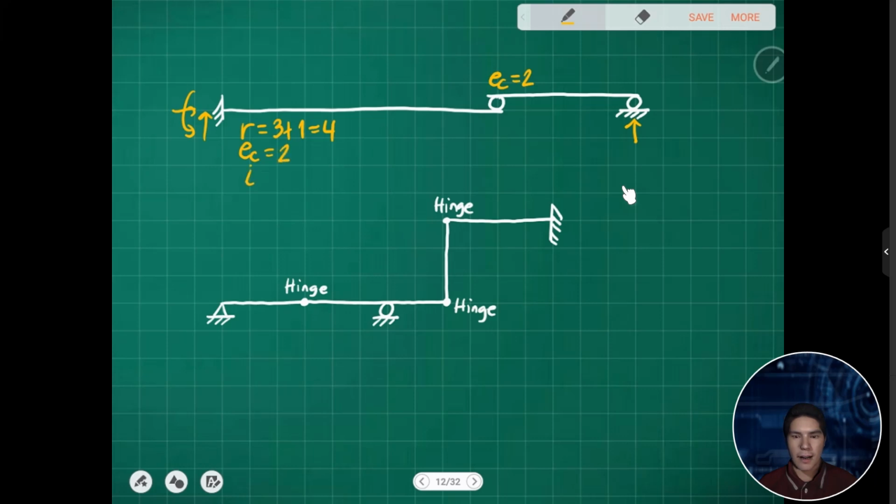So the degree of indeterminacy, we have r minus 3 plus EC, so we have 4 minus 3 plus 2, or that is 4 minus 5. So we have negative 1. This is less than 0, meaning this is unstable.